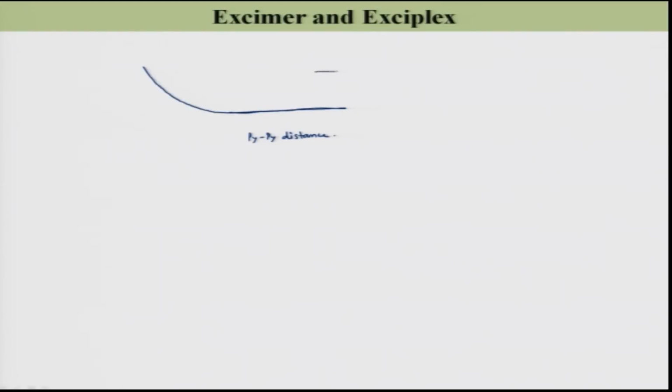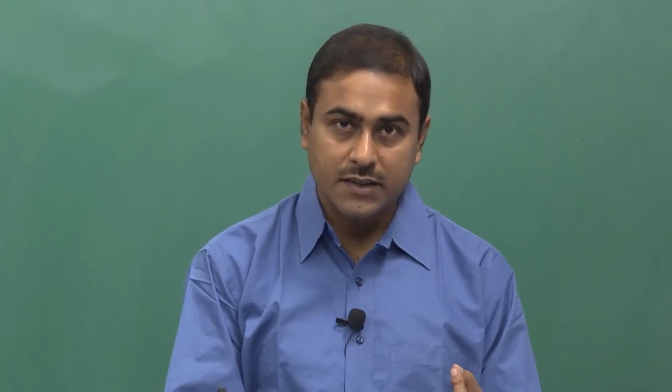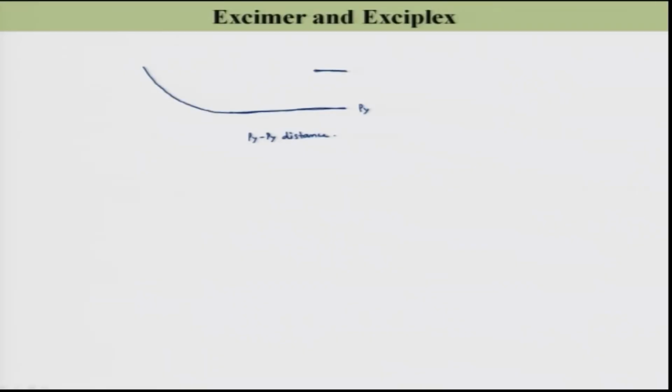Now, when I have this excited state, obviously one of the pyridines is in the excited state. So, total energy must be more, right. Here one pyridine is in the ground state, another pyridine is in the excited state. So, here I will write Py plus Py, and here is my Py star and Py.